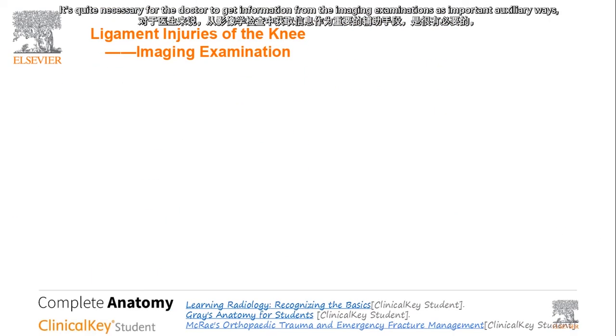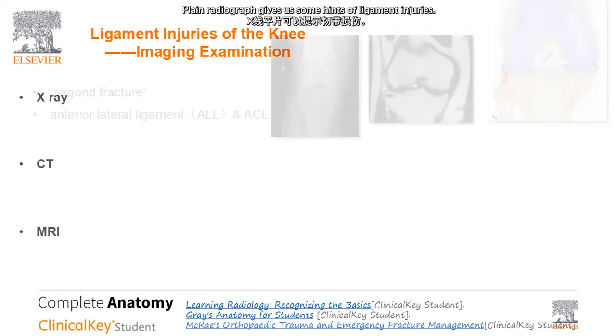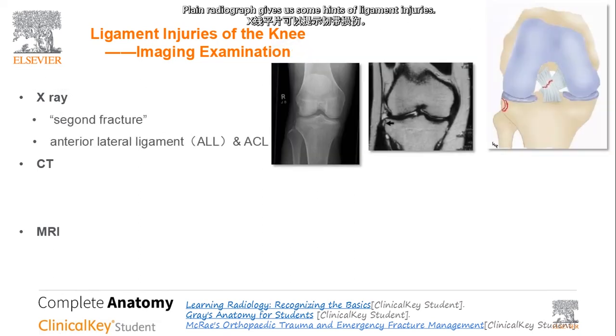It's quite necessary for the doctor to get information from the imaging examinations as important auxiliary ways, which include X-ray, CT, and certainly MRI. Plain radiograph gives us some hints of ligament injuries.